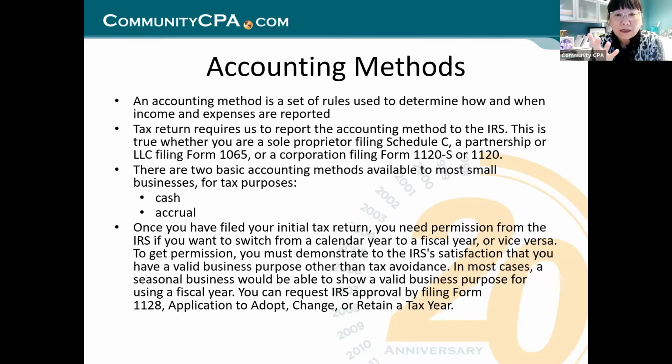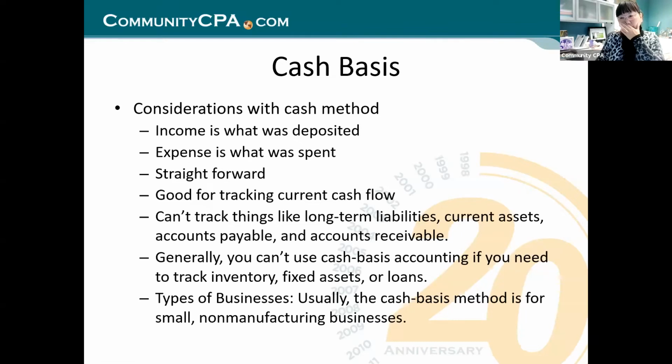So what is cash method? I want you to see this list I made. Cash basis, cash method. You can take a picture of that, but generally speaking, cash method just means that if the money is deposited in your bank account from your customer's check, that means you received it.